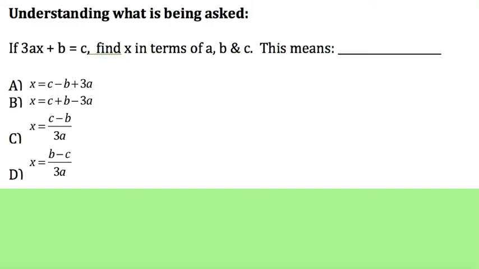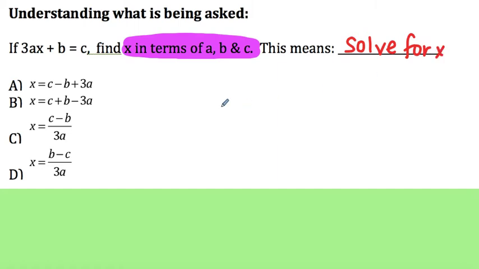Let's try it with more than one variable. You have to understand what is being asked. If 3ax plus b equals c, find x in terms of a and b. Find x in terms of a and b. All that means is solve for x. And that means that a, b, and c are going to be in your answer. If I take 3ax plus b equals c, I have to isolate the variable. The first thing I need to do is subtract b from the other side.